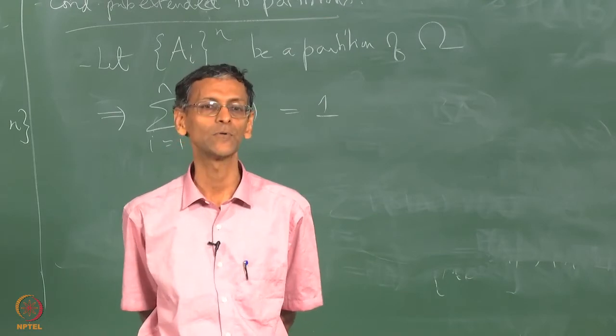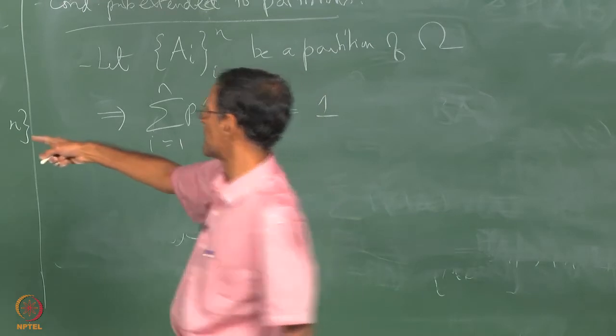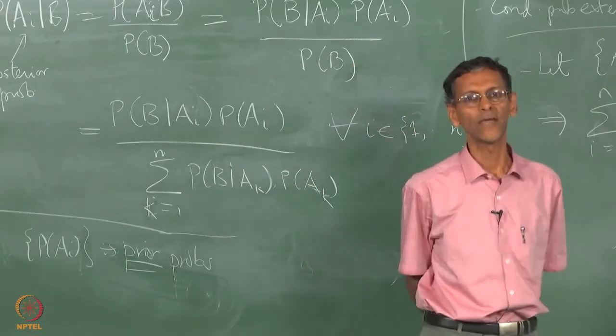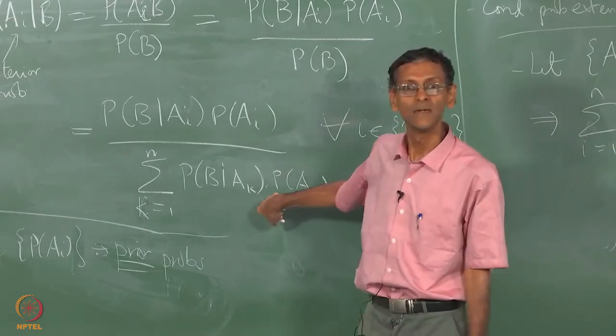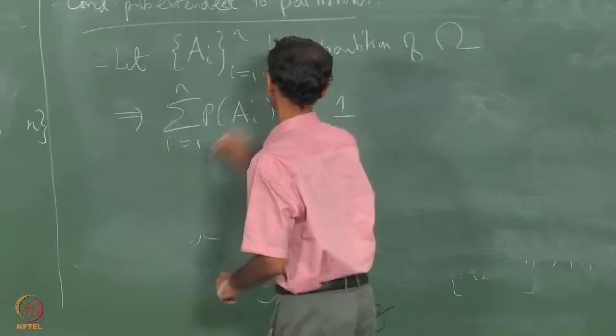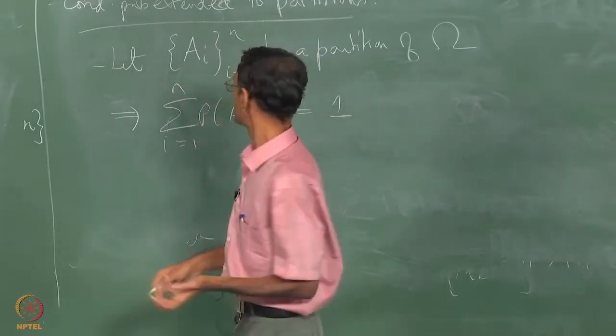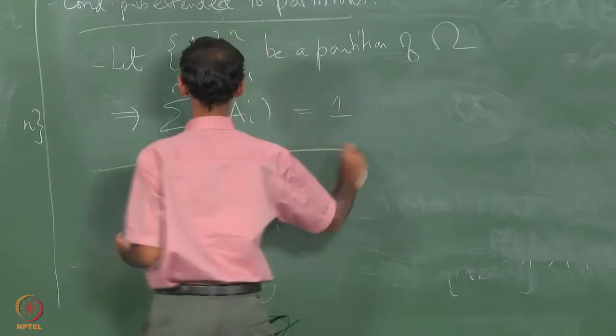They also have to add up to 1. Is that obvious or not? It is obvious from here: supposing I add up all these from 1 to n, will it not equal this? It has to, so this follows from the original set of axioms we have.